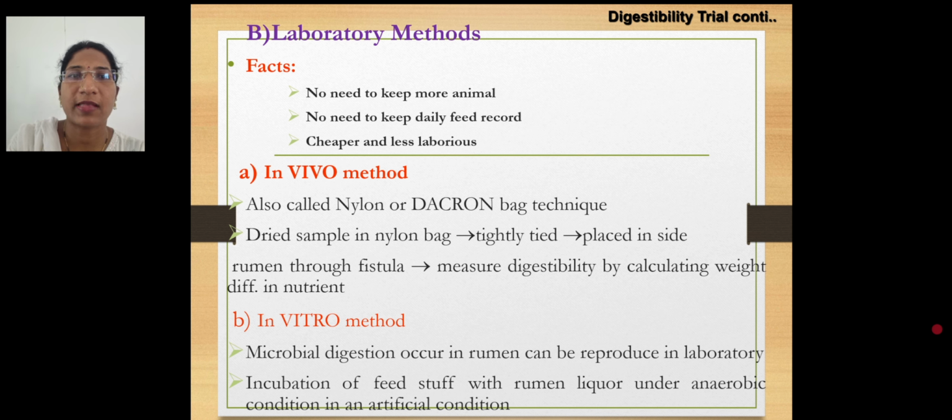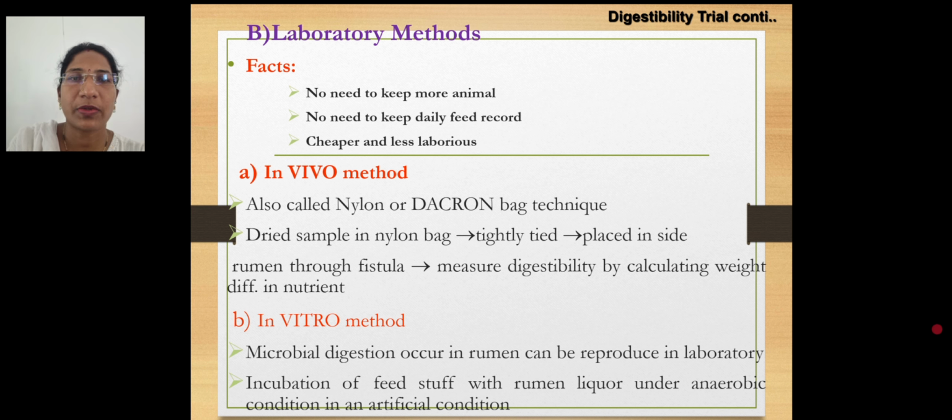Firstly, you take a dried sample in a nylon bag, then this bag is tightly tied. After that, this tightly tied bag is placed inside the rumen through the fistula, then digestibility is measured by calculating the difference in weight of the nutrient. This fistula is present in the rumen.